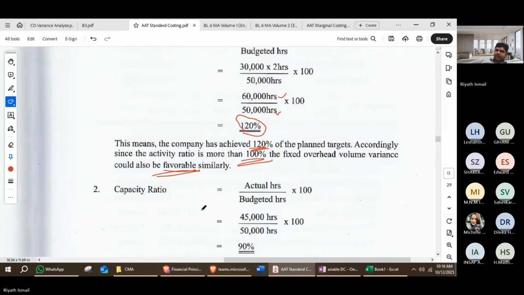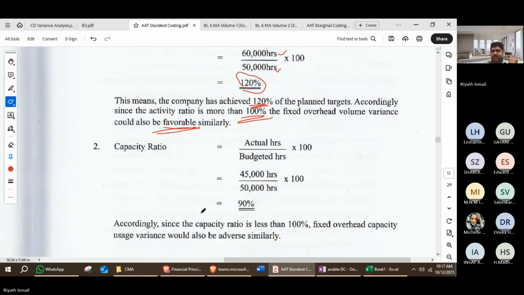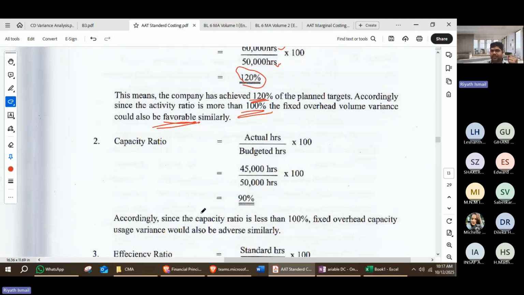Adverse because they planned for the machine to operate 50,000 hours, but they operated only 45,000 hours, right? So 90%. They have utilized only 90% of the capacity. Accordingly, since the capacity ratio is less than 100, the fixed overhead capacity usage variance will also be adverse.